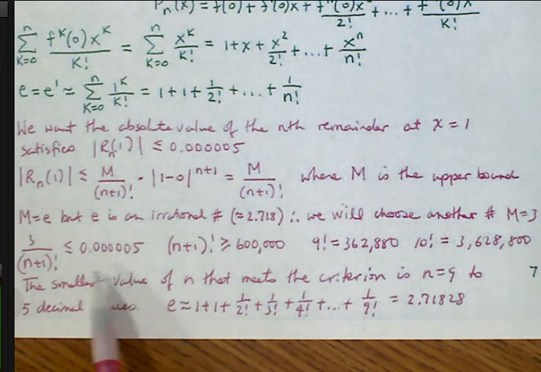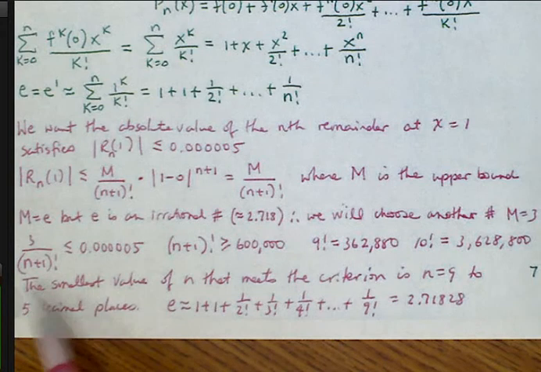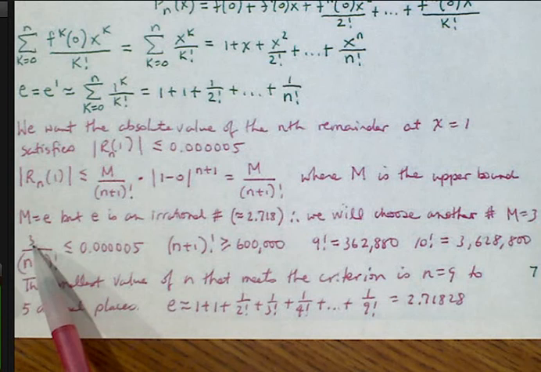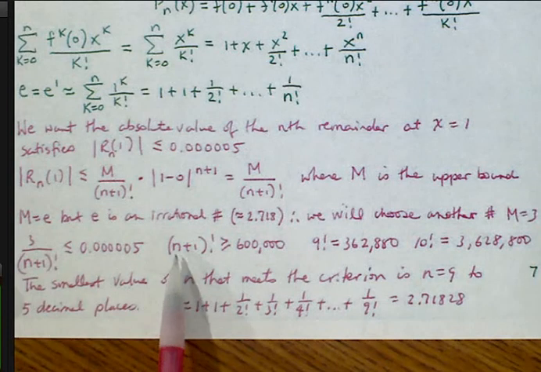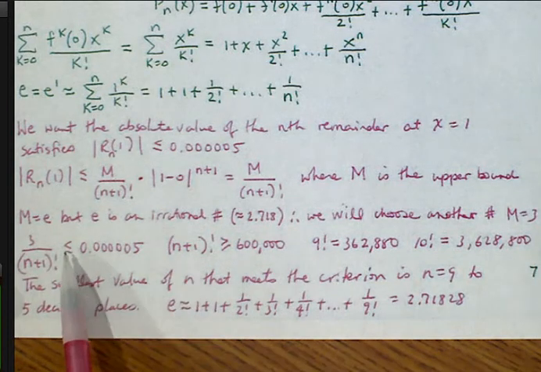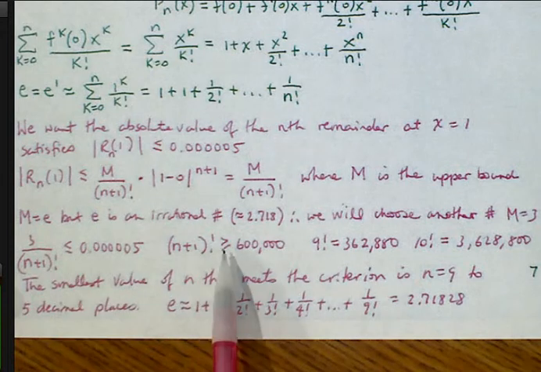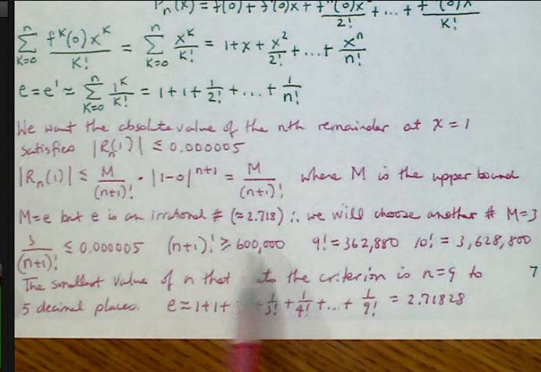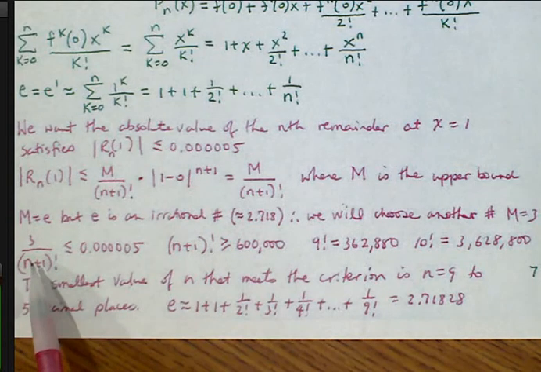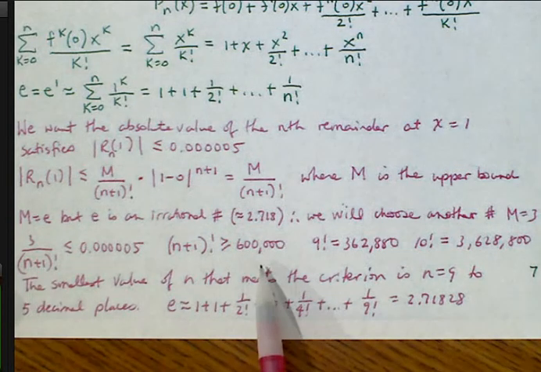Then I reciprocate it and multiply through by 3. I just reciprocated, changed the inequality from less than or equal to greater than or equal to, and then multiplied by 3.